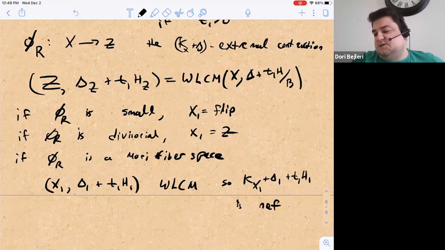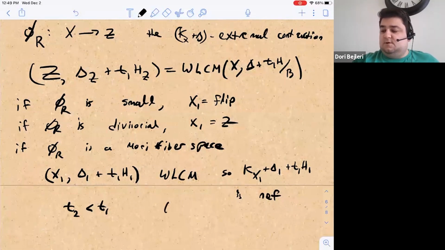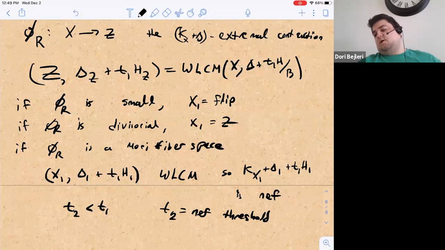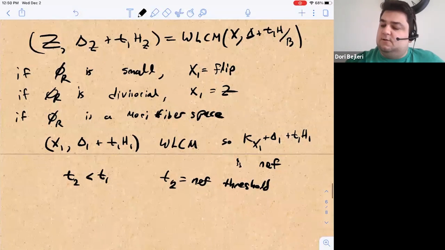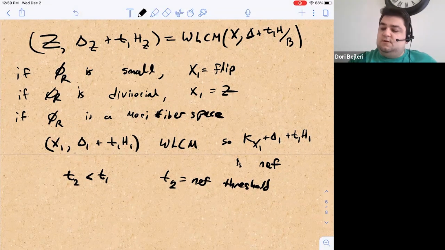And now we want to find some T2 smaller than T1, where it hits the nef threshold, so that for T2 minus epsilon, it's no longer nef. So we want to hit the boundary again. And when you hit the boundary again, you're picking out another extremal ray. Then we can track that extremal ray, and now we get the log canonical model of delta 1 plus T2 H1.